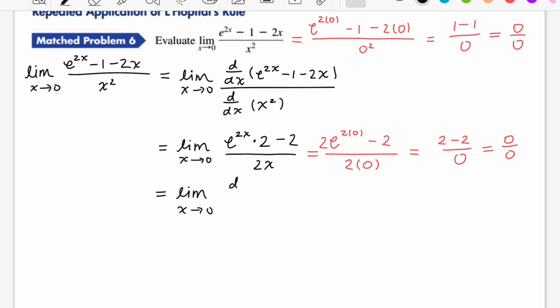So we're going to take the derivative of this, I'm just writing the 2 in front of e to the 2x because we're multiplying it by 2 here. And then we need to take the derivative of our denominator as well.